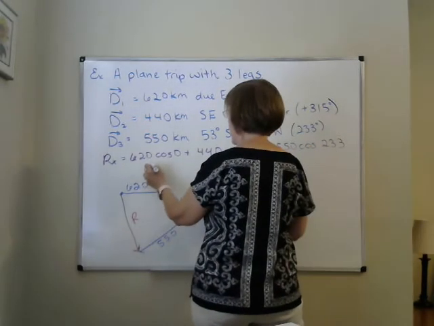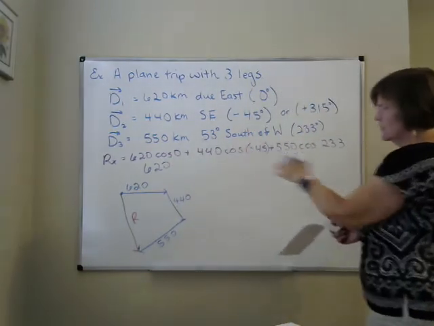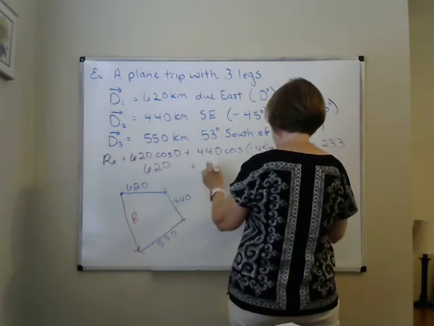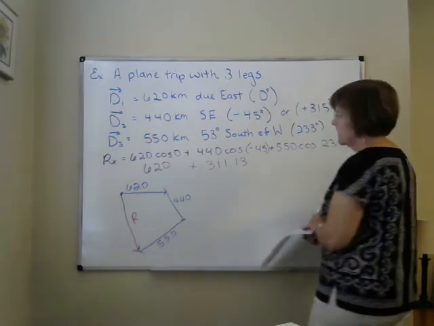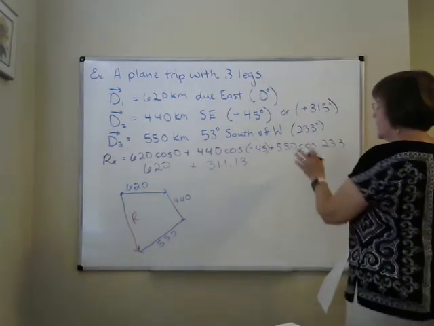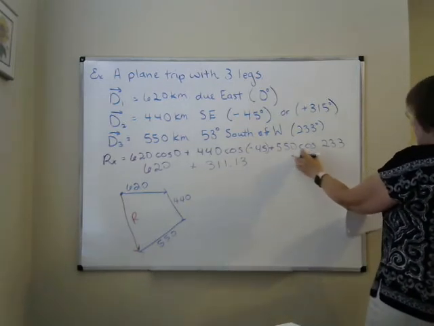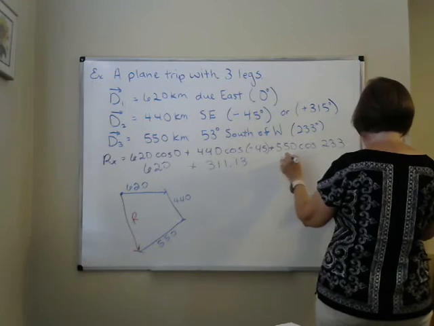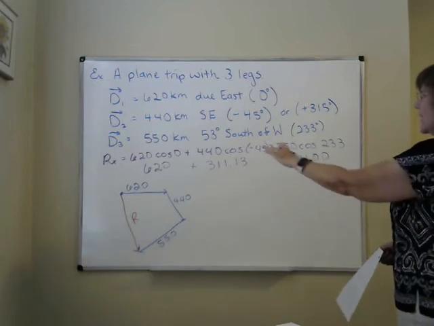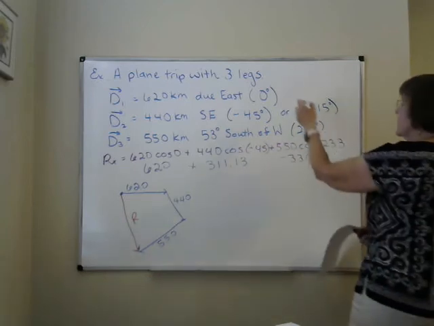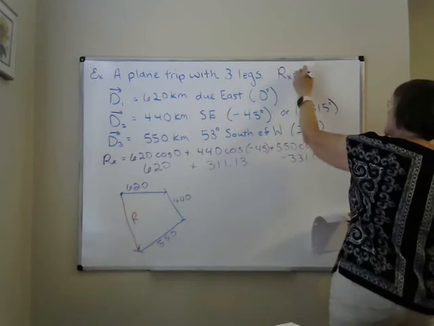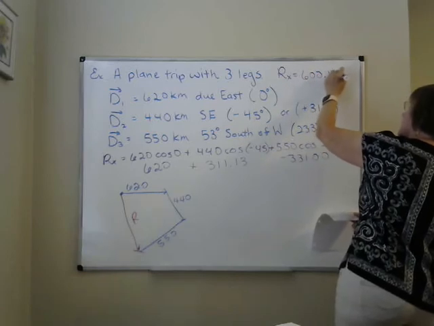This is going to be 620, exactly what I expect because it's going in the positive x direction. This is going to be positive 311.13, also what I expect. But this one, 550 cosine 233, comes out to be a negative 331. So when I add all of that up, I get an x component, which I'm going to use again, of 600.13 kilometers.